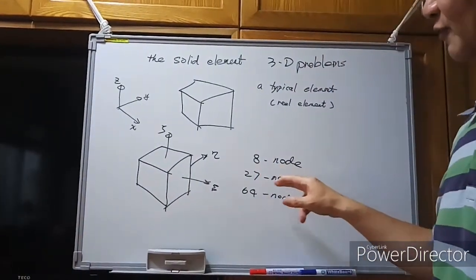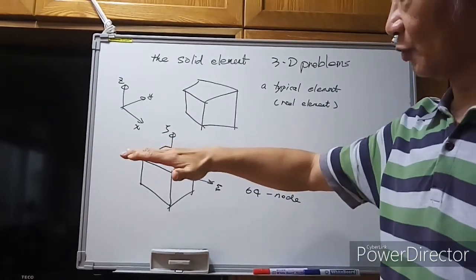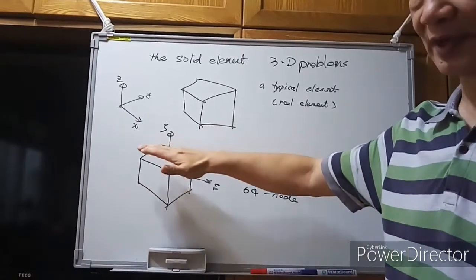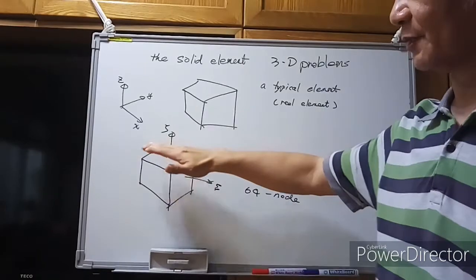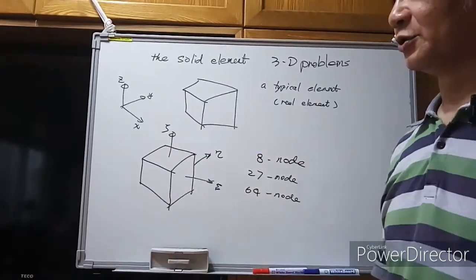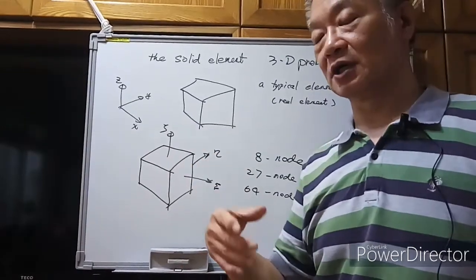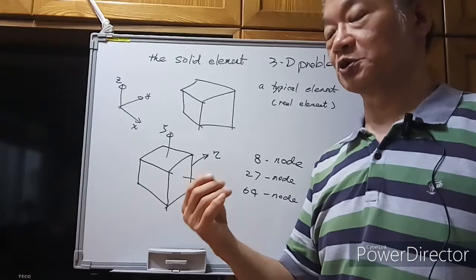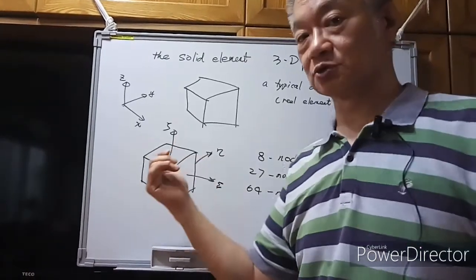And the 27 node element means we have 9 nodes on each plane. So for zeta equal to +1, the plane on the top, you can see 9 nodal points. The 9 nodal points means when we develop the shape functions, we use the quadratic Lagrange interpolation functions.